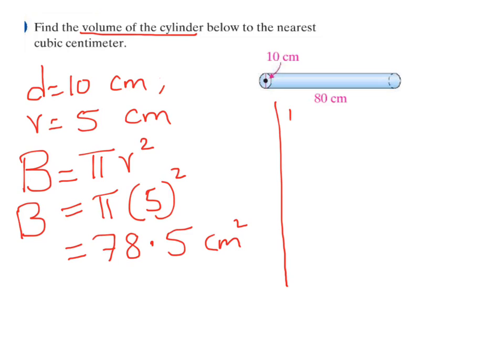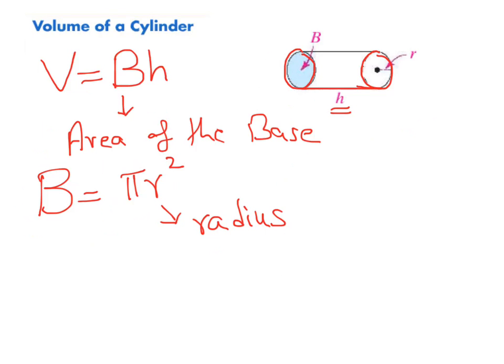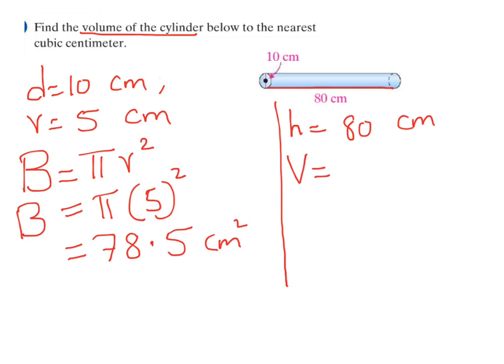What is the height of the cylinder? The height of the cylinder is 80 centimeters. This is the height of the cylinder. What is the formula to find the volume of a cylinder? It is BH. So BH, and B stands for the area of the base, which we found out to be 78.5.